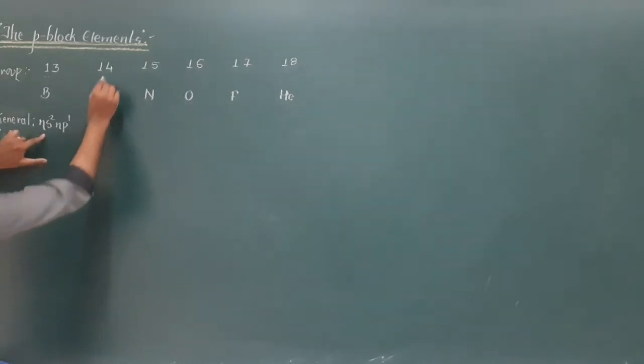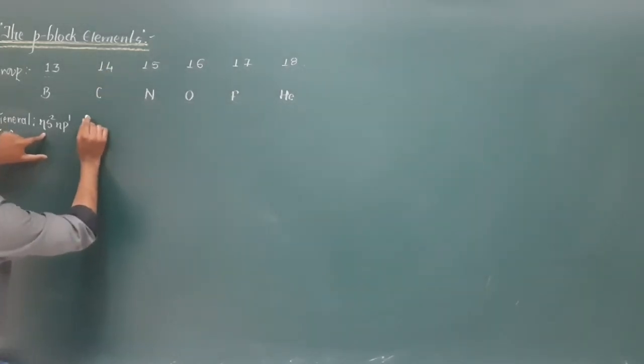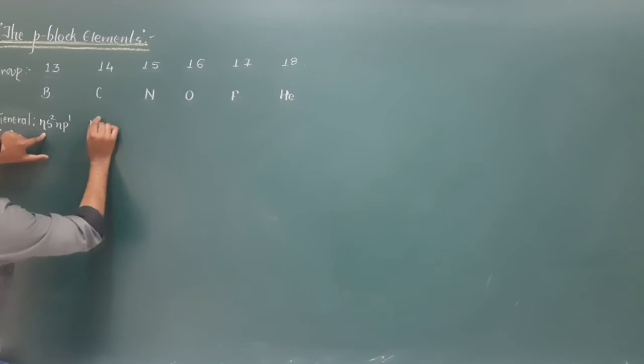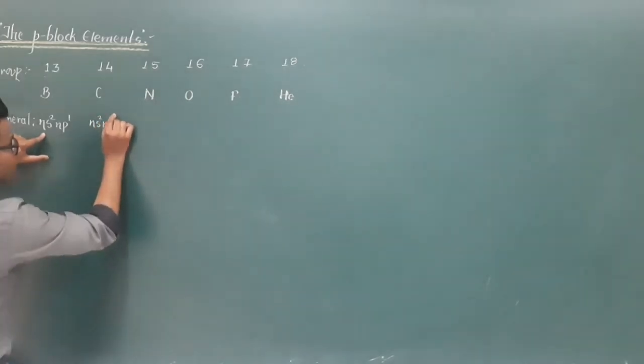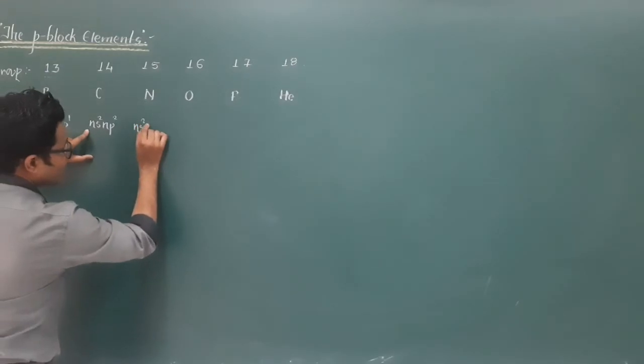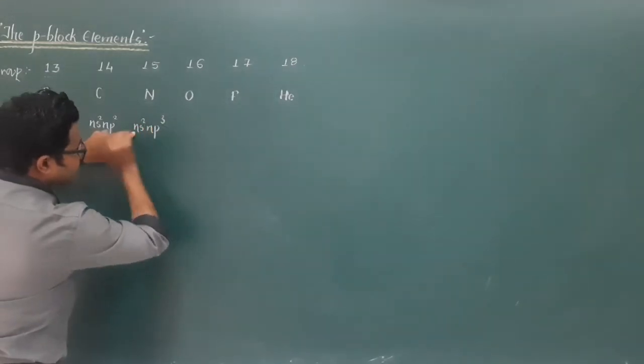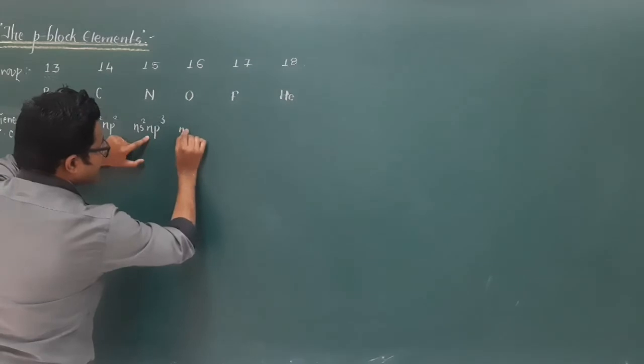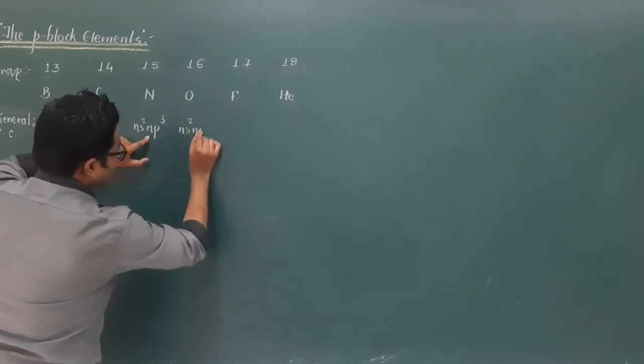Followed by group number 14, it is ns2 np2, followed by ns2 np3. For oxygen, ns2 np4.